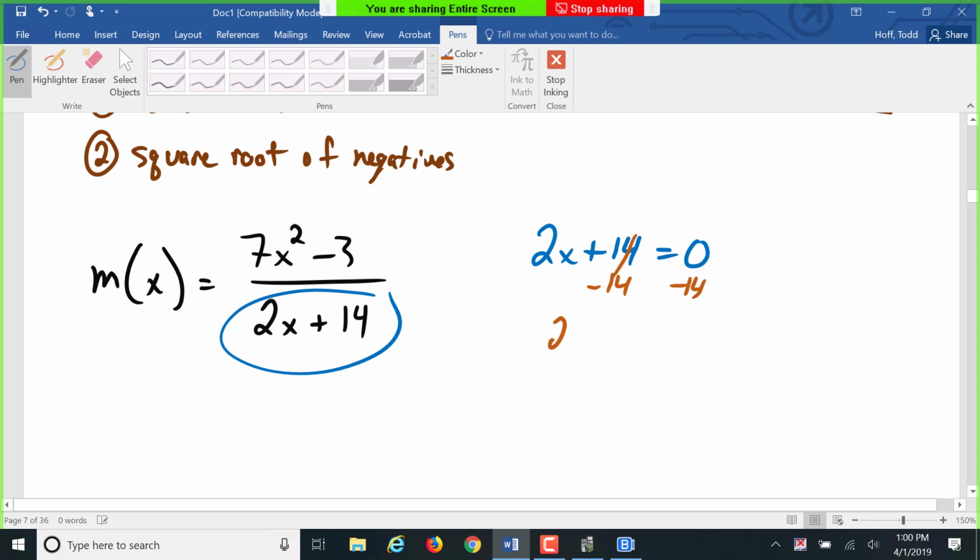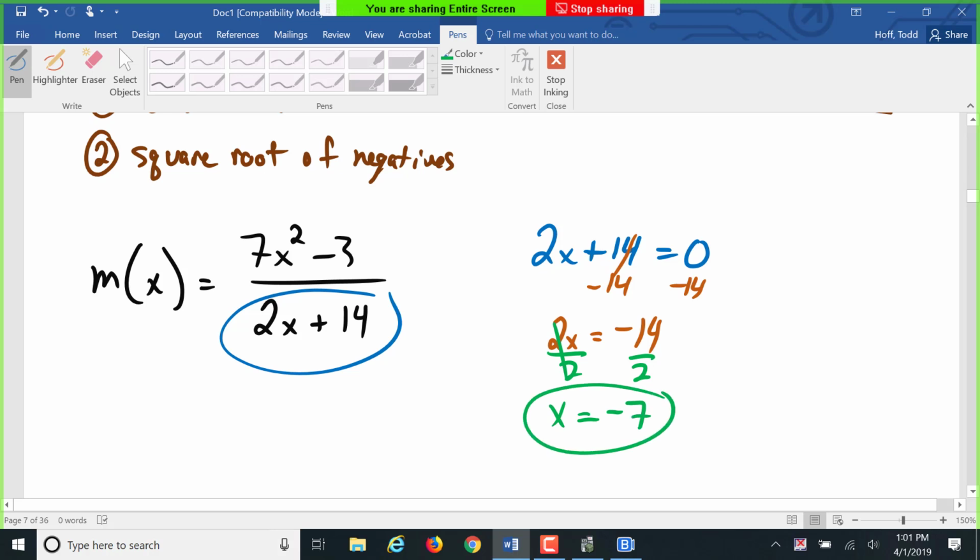Subtracting 14, 2x equals negative 14, and then divide by 2. x is negative 7.